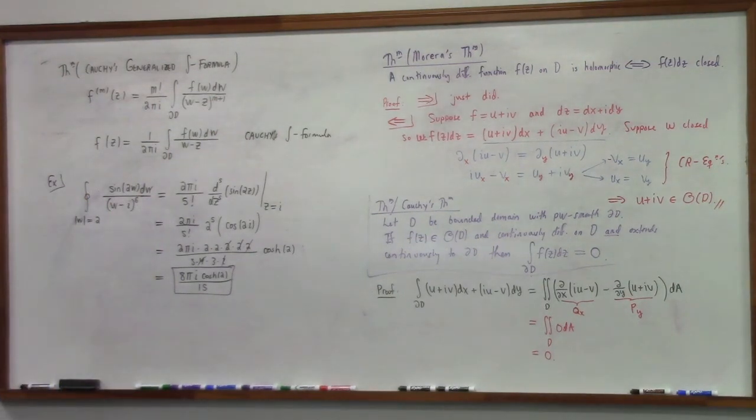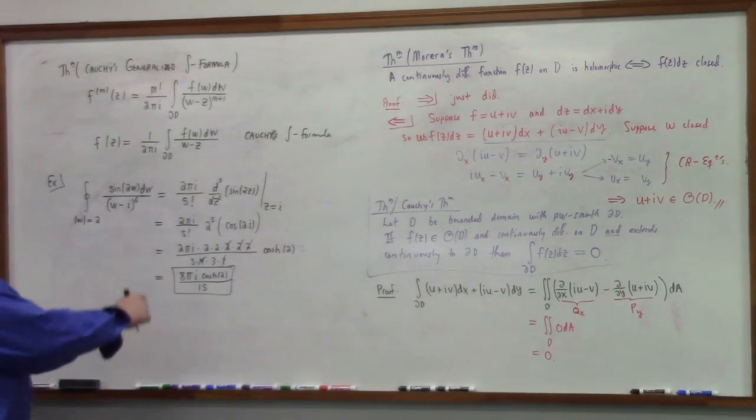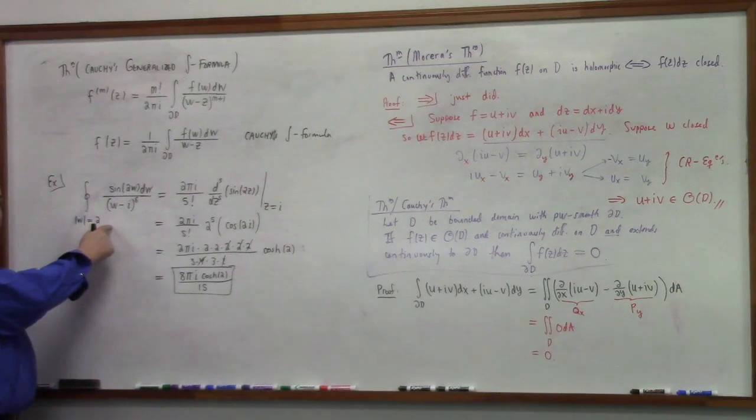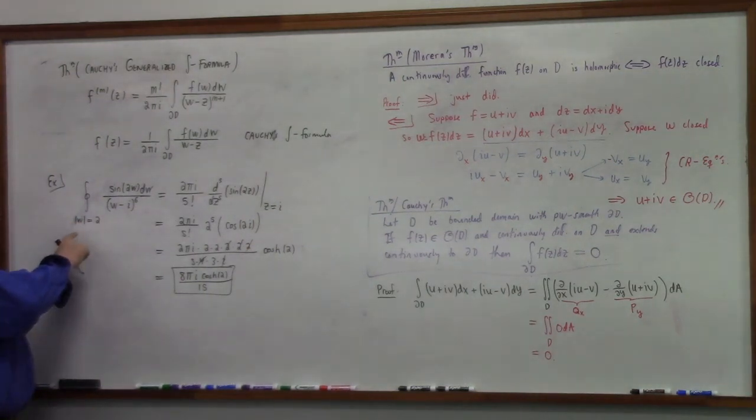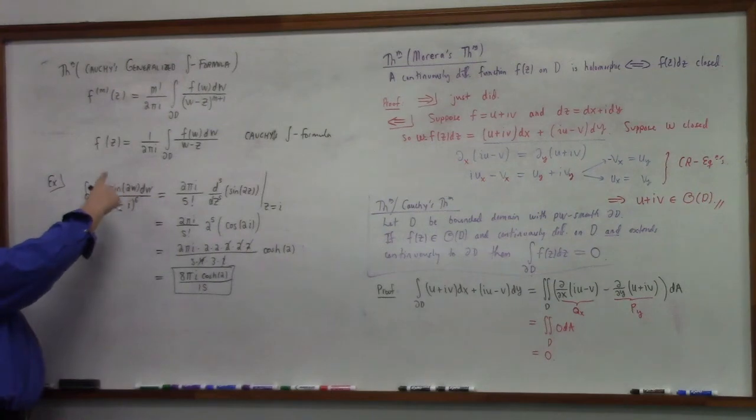So think about this. What if we were to calculate this directly in terms of the definition of the complex integral we shared earlier, like a couple classes ago? You'd put x equals 2 cosine t, y equals 2 sine t. You have to work out the real and imaginary parts of this and plug it in.